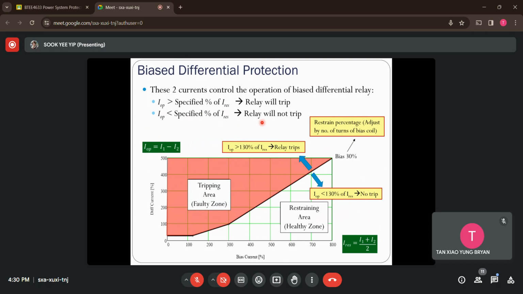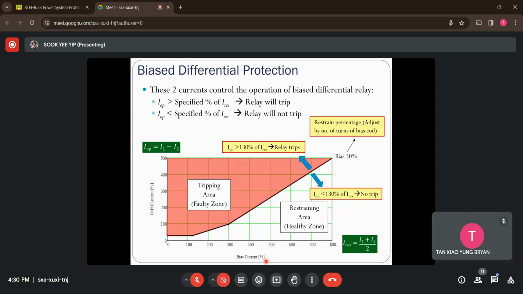Alright, the bottom here is showing the typical operating characteristic of the bias differential relay, in which I have a graph plot with the y-axis showing the differential current converted into percentage, and the x-axis plotted with the bias current, or the restraining current, also converted into percentage.